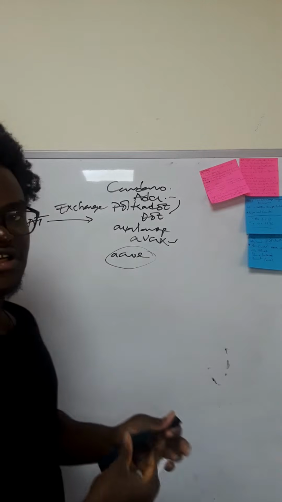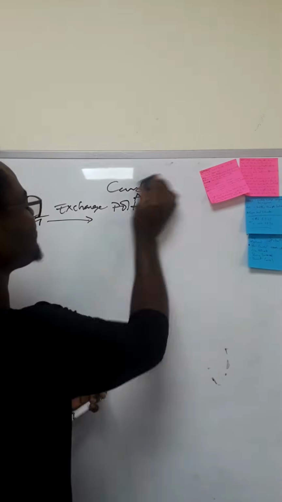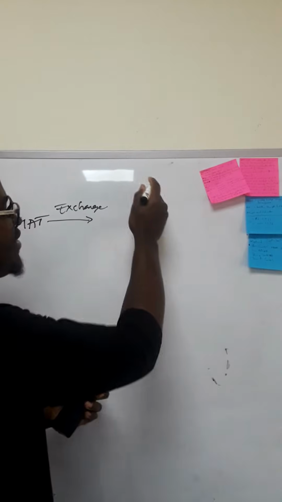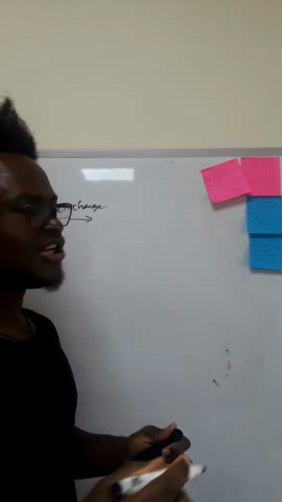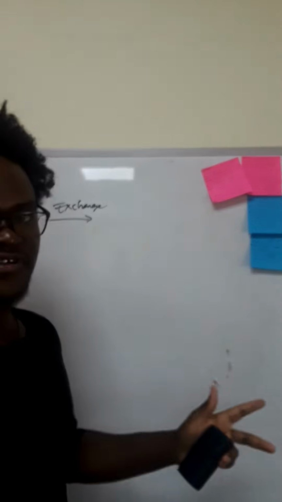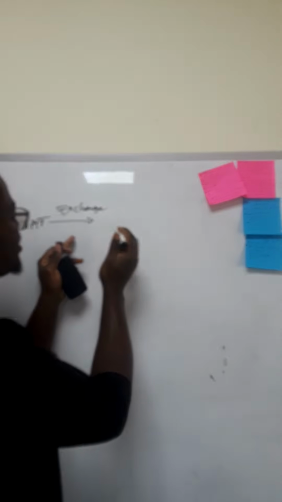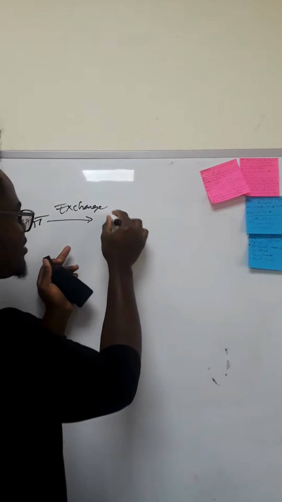So in most exchanges, that is with most brokers, you will not be able to write the name of the cryptocurrency. You will have to just write its abbreviation. So let's say we want to buy Polkadot, for example. We will go to this exchange and just write DOT.